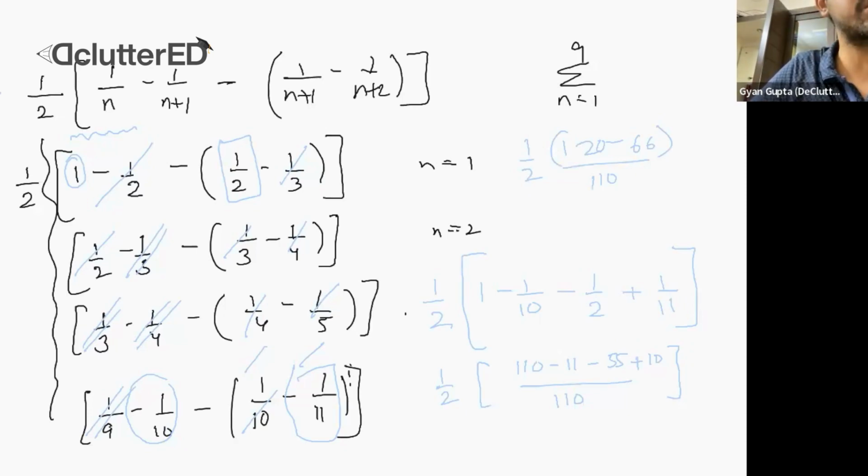And Q minus P is 110 minus 27, which is 83. Because this is P, this is Q.